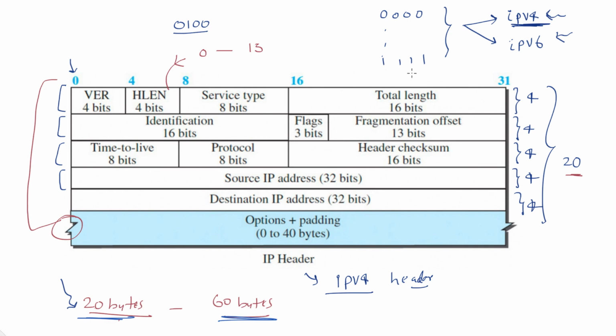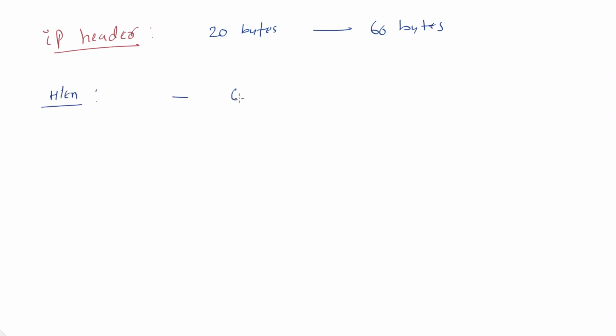But my header length can go from 20 bytes to 60 bytes. So you got the issue, right? My IP header length, as we have just seen, can range from 20 bytes to 60 bytes, but my header length field is just saying that I can represent from 0 to 15.